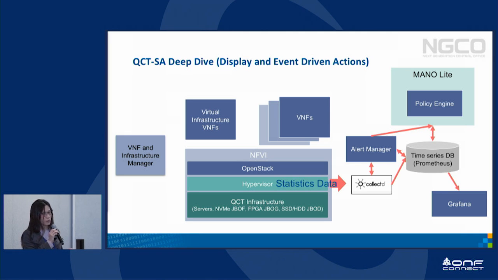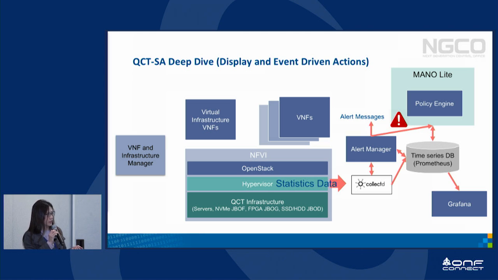The alert manager will process the data to find any abnormal behavior of the systems. If it finds abnormal behavior, it will send alert messages to the administrator through SMS or email, something like that. The alert manager also sends the events to the policy engine.